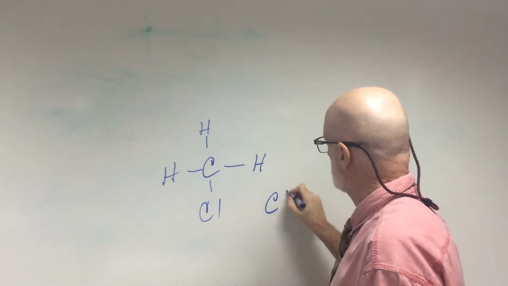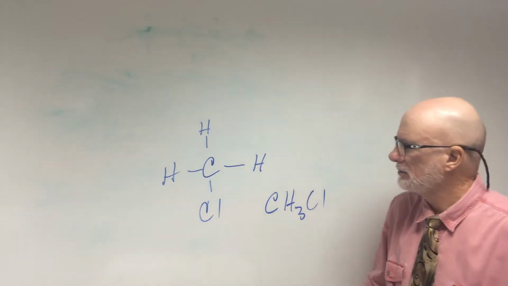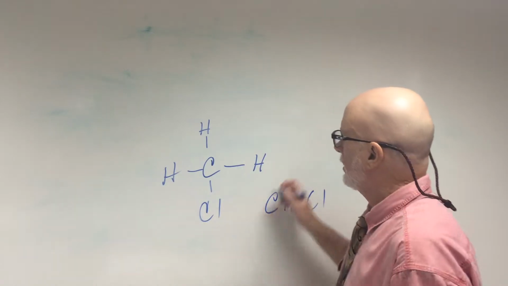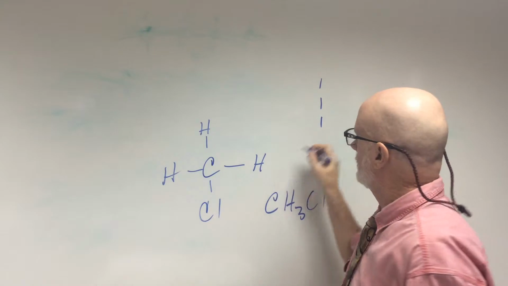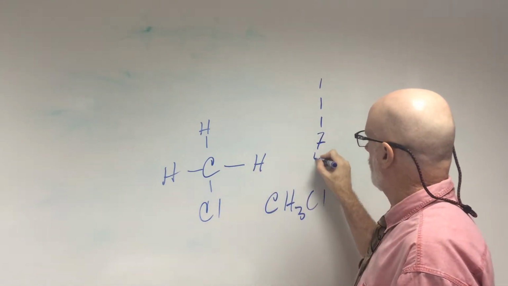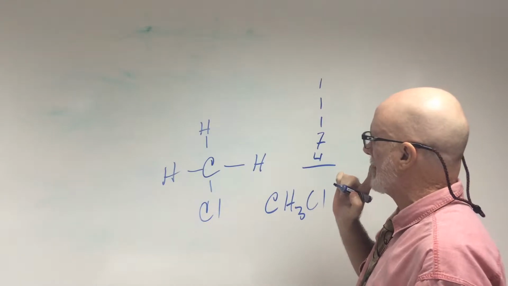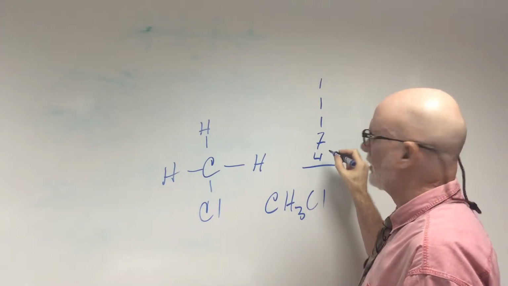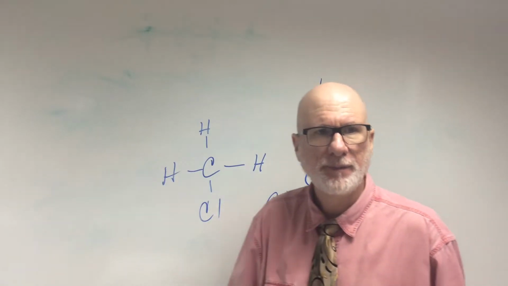Okay, so this is CH3Cl, and we're going to say 1, 1, 1, 1, 1, 1, and then 7, and then 4, which is 14. 3 plus 11 is 14. Correct?